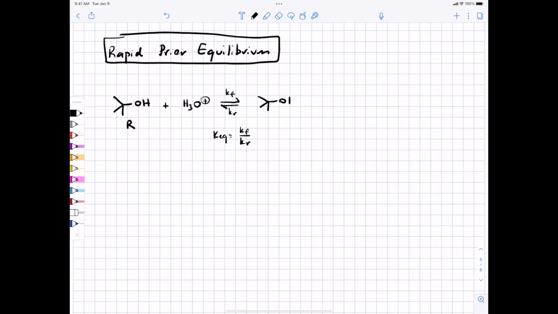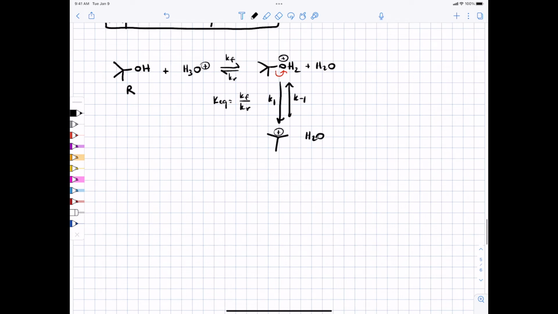That will give me a protonated alcohol and water. And then I will have the leaving group leave. And this is a k1, k minus 1 situation. Water leaves to give me a carbocationic intermediate, which I am going to call I.